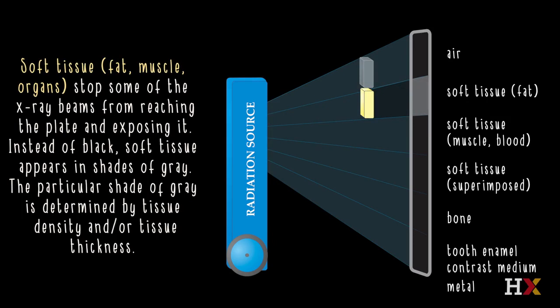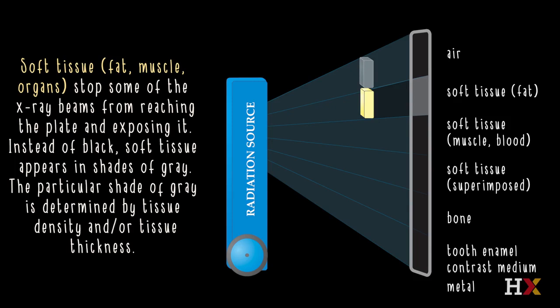Soft tissue, which is basically in contrast to calcified tissues like bone or teeth, even calcified cartilage, soft tissue, fat, muscles, organs, stops some of the X-ray beams from reaching the plate. And instead of exposing it completely, those areas that correspond to the soft tissue will appear in shades of gray.